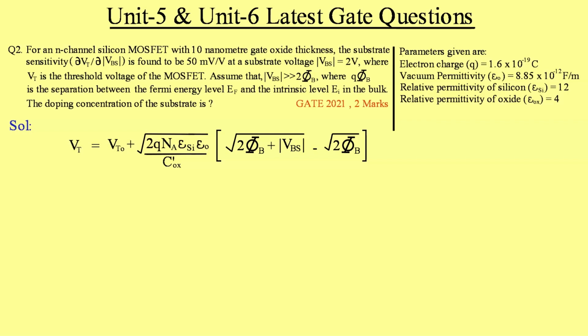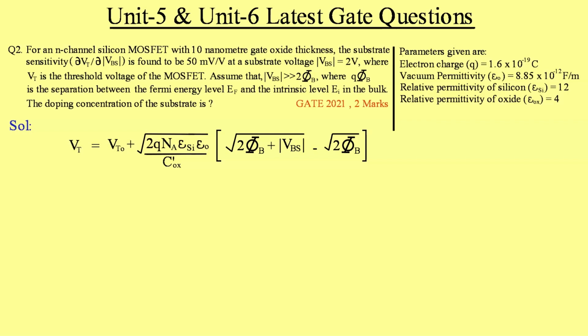There we find the threshold voltage to be equal to the threshold voltage when there is no biasing plus under root of 2 into magnitude of charge on an electron multiplied by doping concentration into permittivity of the semiconductor, which is silicon, which can also be written as relative permittivity of the silicon multiplied by absolute permittivity of the vacuum, divided by capacitance per unit area, whole multiplied by under root of 2 times the Fermi potential plus magnitude of body to source terminal voltage difference minus under root of 2 times the Fermi potential.